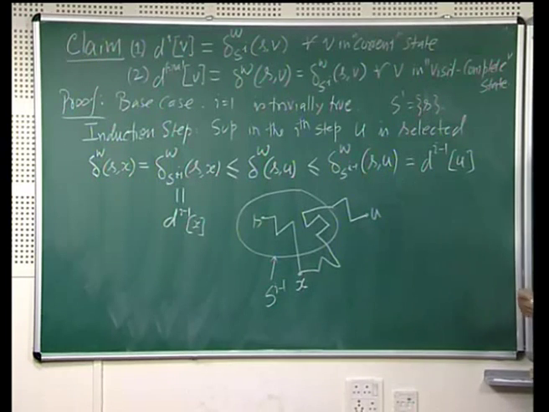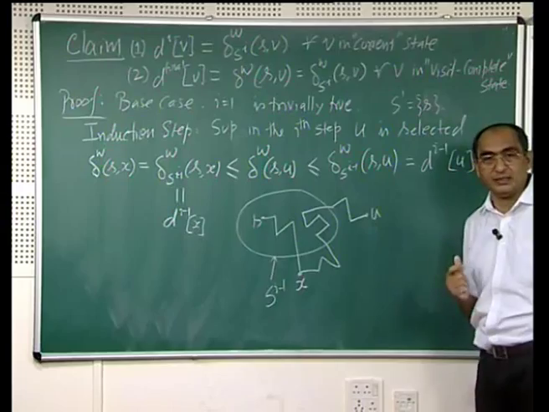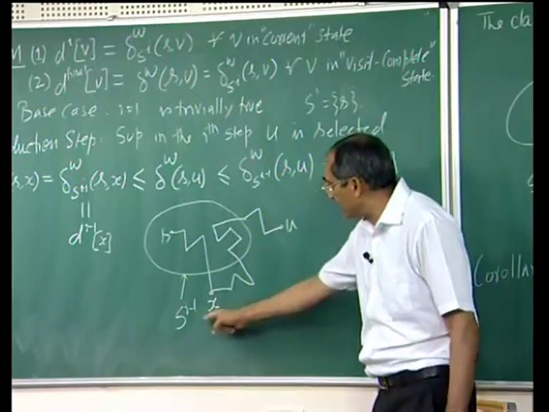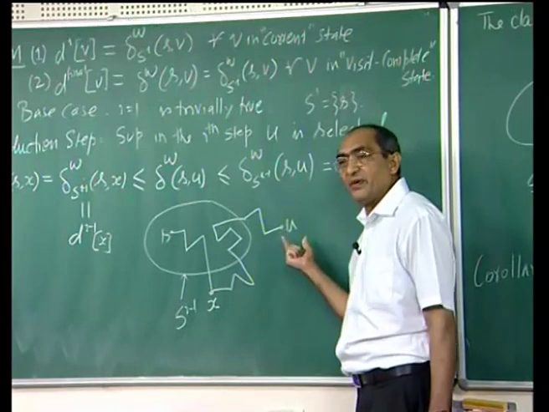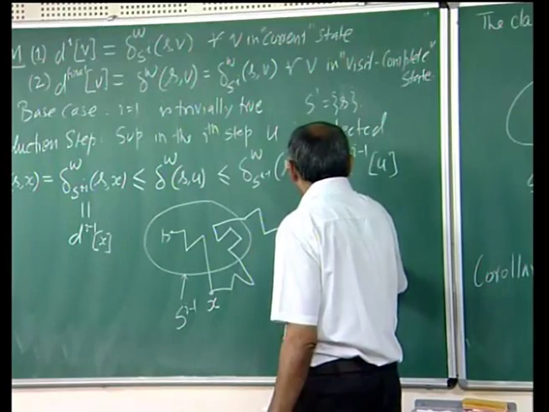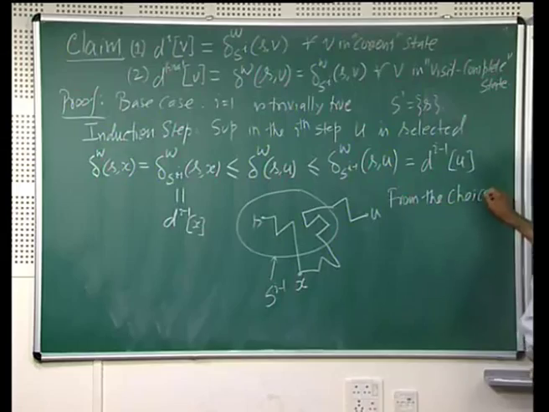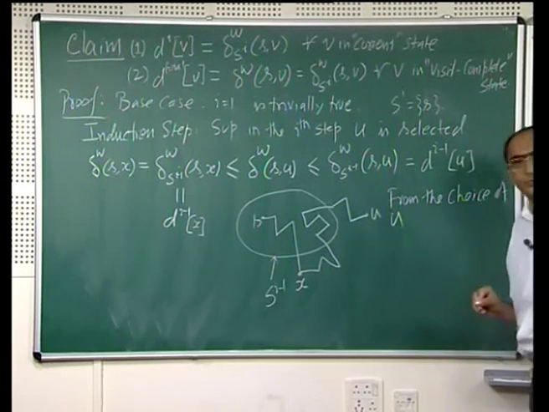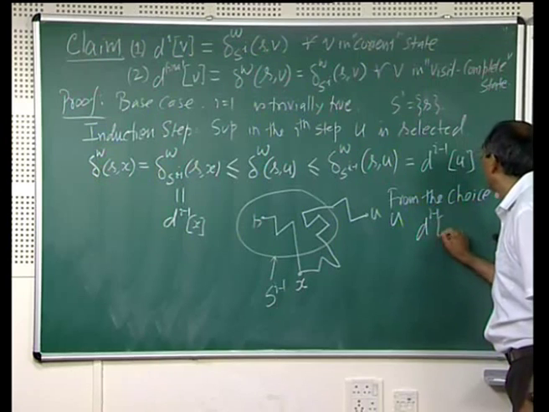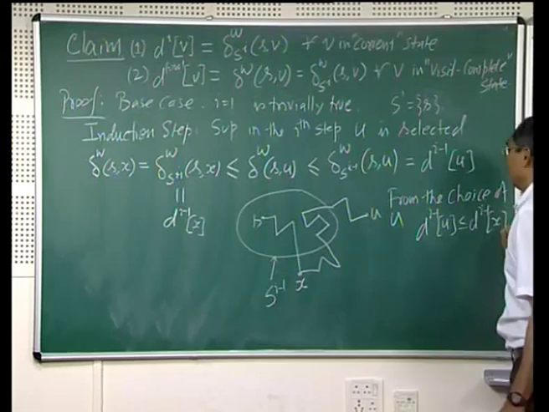Now, notice that there was a certain condition subject to which u was selected. The u was that vertex outside S_{i-1} which had the least d value. So, from the choice of u, d_{i-1}(u) has to be less than or equal to d_{i-1}(x).